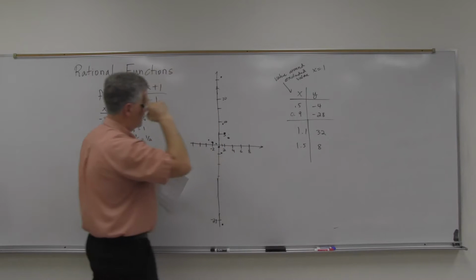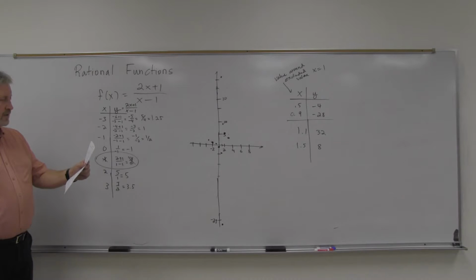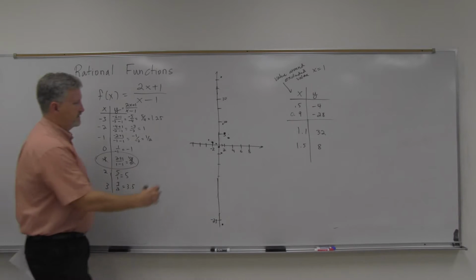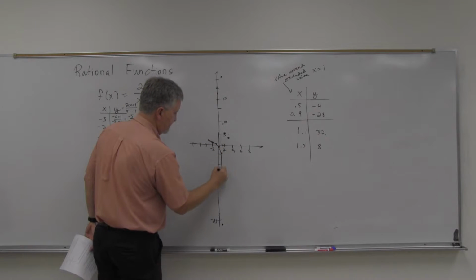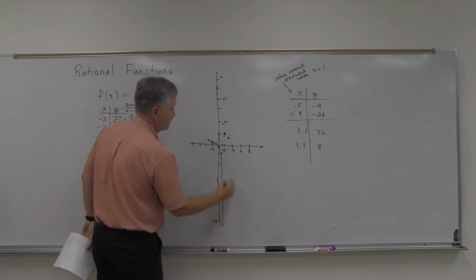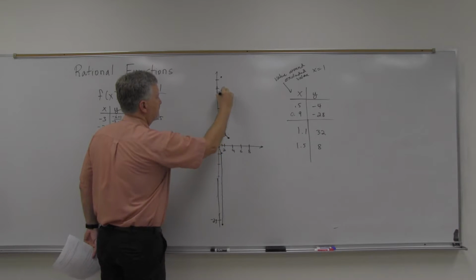Probably looks a little better than mine, but all right. Well, let's just connect these dots. This is kind of going here to here and then down here. And then these points follow the dots up to there.